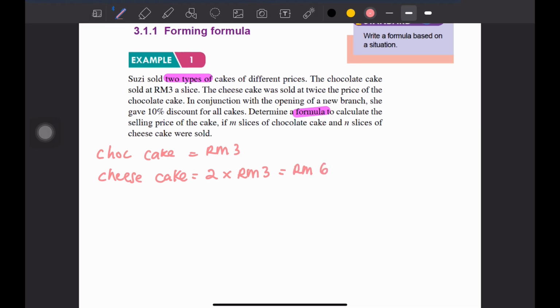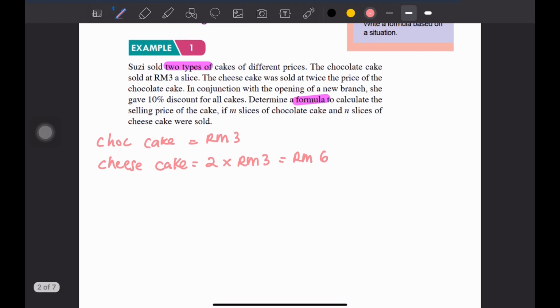Let's calculate the selling price. For example, we denote the selling price as Z. Kita wakilkan dia sebagai Z.